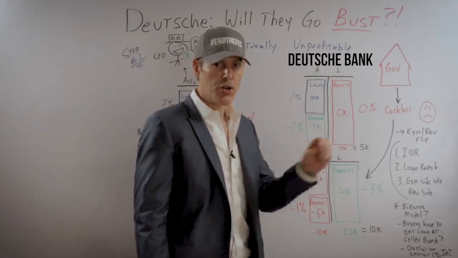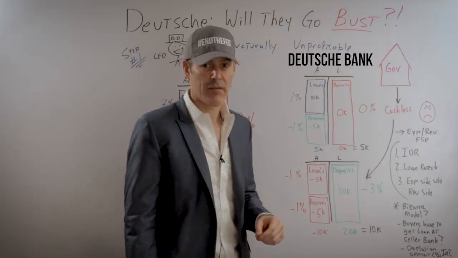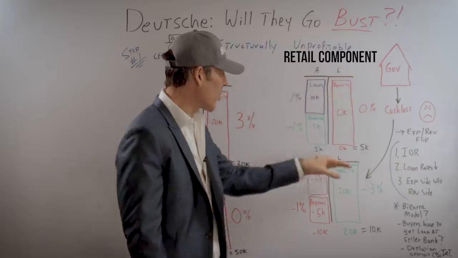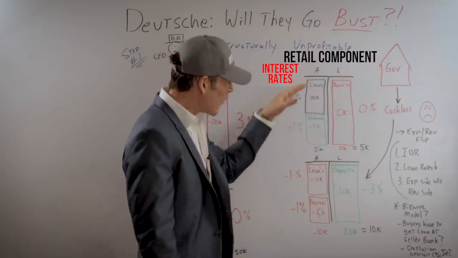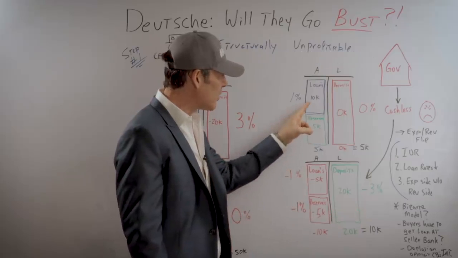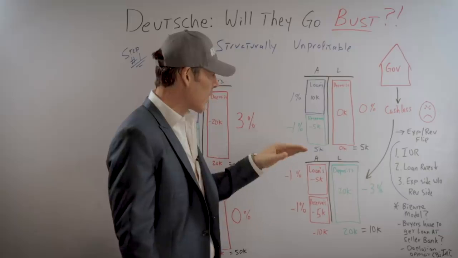There are two huge differences with the way Deutsche runs the retail side of their business. And we'll get to the other side in step number 2. But for the retail component, because interest rates have gone so low in Europe, the difference between the loans and the deposits, or the spread, is very, very low.